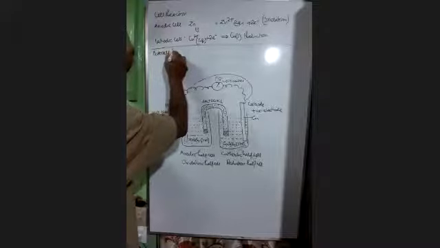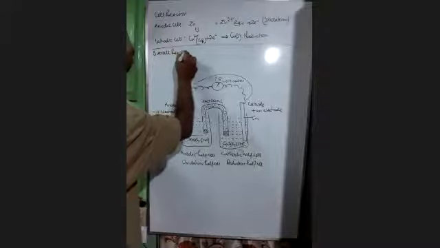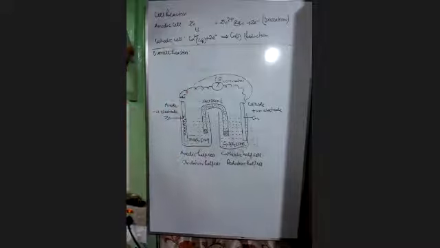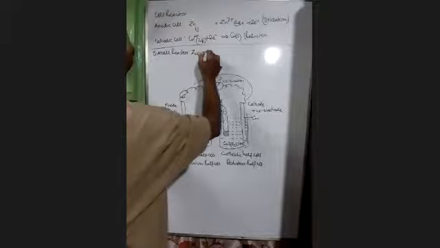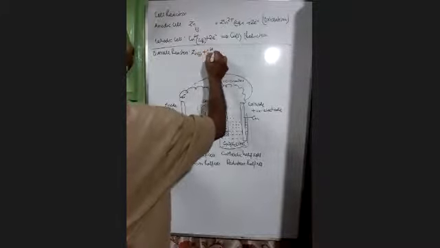Now see here, I add it. This is the overall reaction. So this electron and this electron get cancelled. So what should I write now here? Zinc solid plus copper 2+ aqueous.